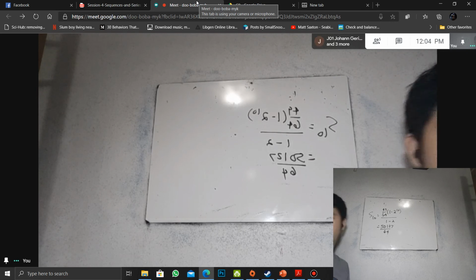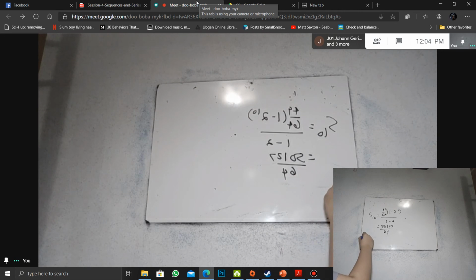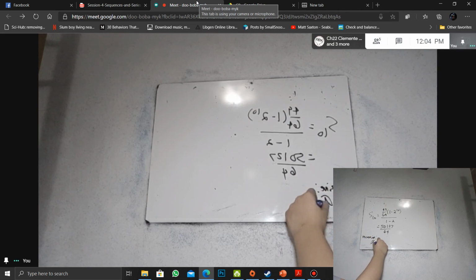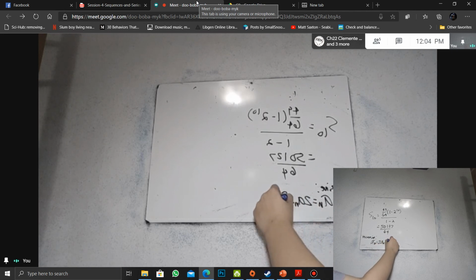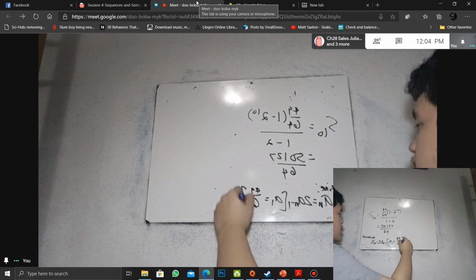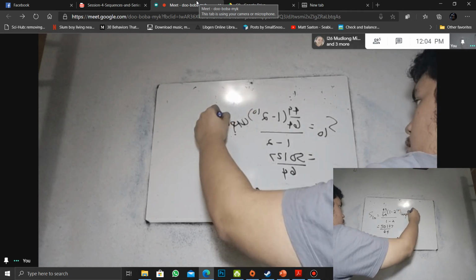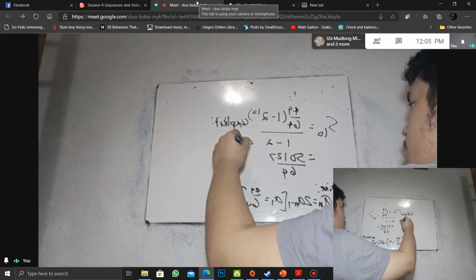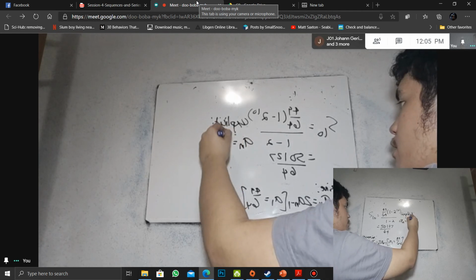Recursive. So recursive, a sub n equals to a sub n minus 1, a sub 1 equals to 49 over 64. Explicit, a sub n equals a sub 1 r raised to n minus 1.